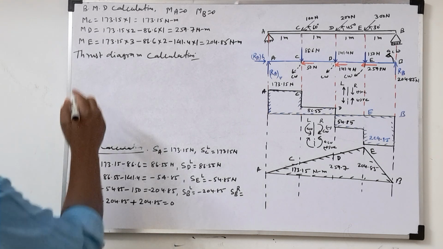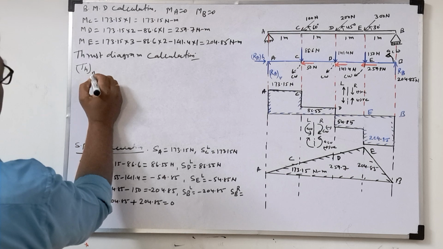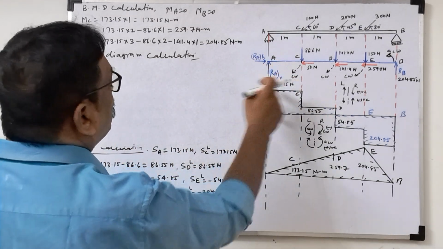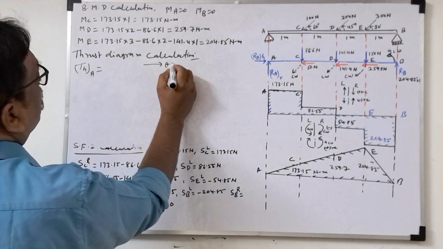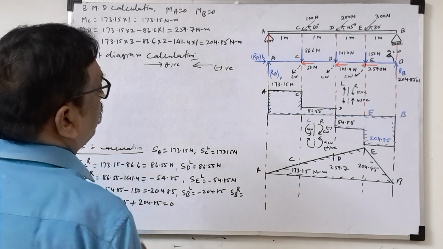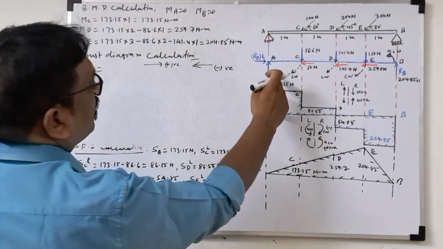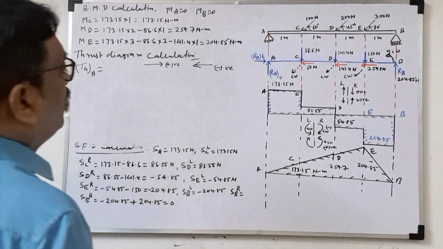So the thrust at A, written TH, thrust at A. How much? Horizontal, so 173. Here also, this side we take positive, and if we take from the opposite side, we take it negative. So we take the thrust from point A. How much? Horizontal force RAH. I have not written RAH, no?